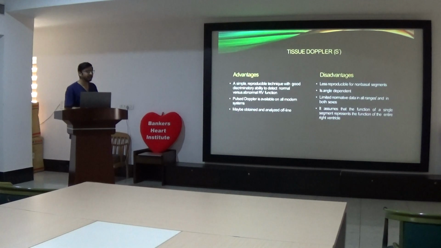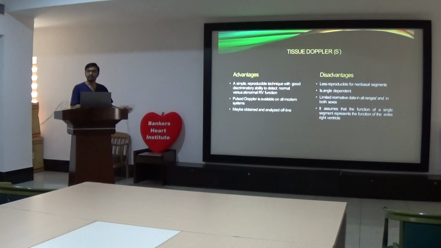So what are the advantages and disadvantages of tissue Doppler? In routine practice, we do RV tissue Doppler. It is simple and available in all modern systems. It is a reproducible technique with good discrimination and ability to detect normal versus abnormal RV function, and may be obtained and analyzed offline. What are the disadvantages? It is less reproducible for non-basal segments.